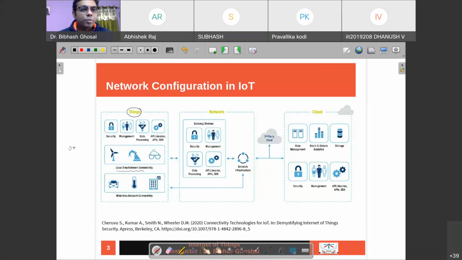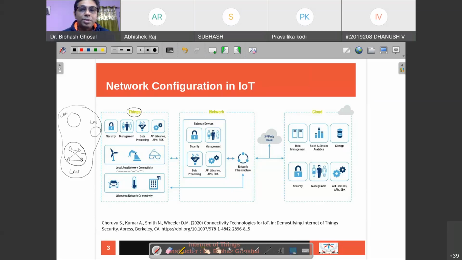You have some nodes which are connected to each other. So this is what we call a LAN, or there can be multiple such LANs, this is another LAN, this is another LAN, and together they may form something called a wide area network.